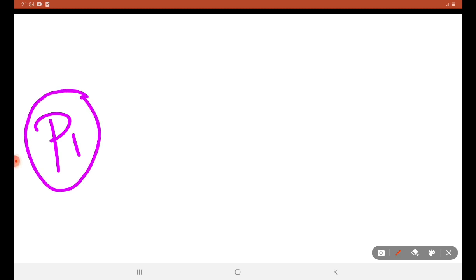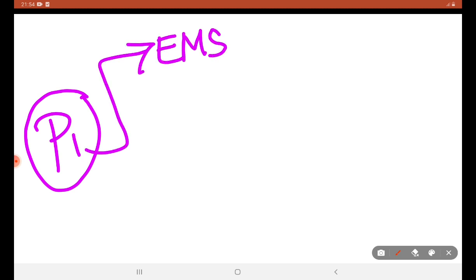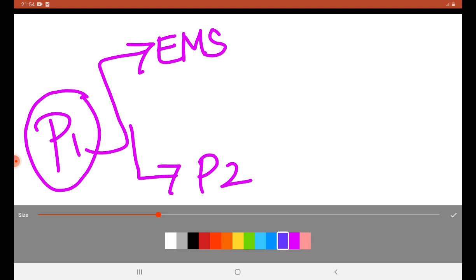Okay. So we know P1, stem cell, EMS, then P2. We have a signaling system. We know about SKN1 and PAL1; we are not going to see about SKN1 and PAL1, we have seen in previous question.